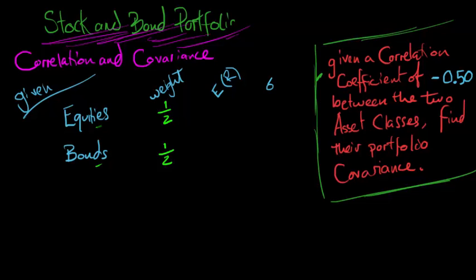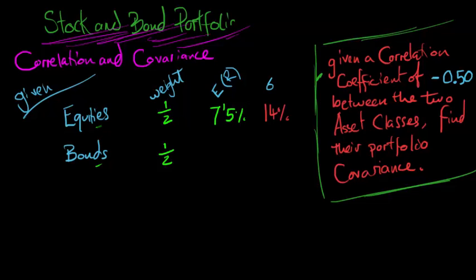The expected return on the equities portion is 7.5%. The proxy for risk we're using is the standard deviation, and I'm going to enter 14% standard deviation on the equity portion.